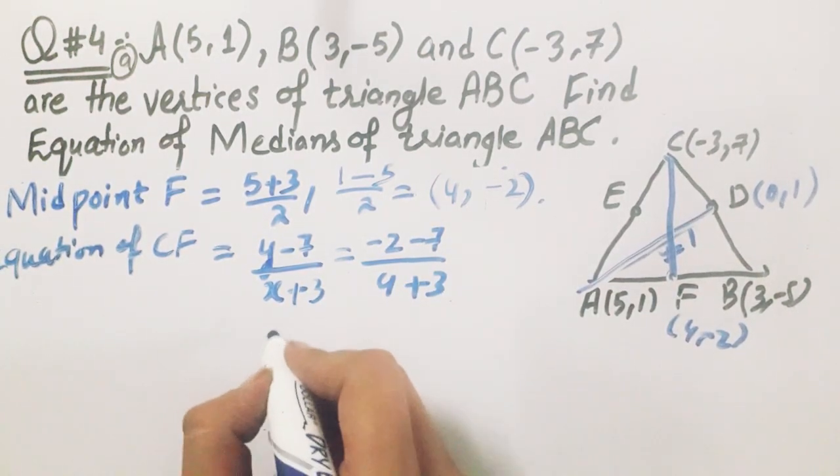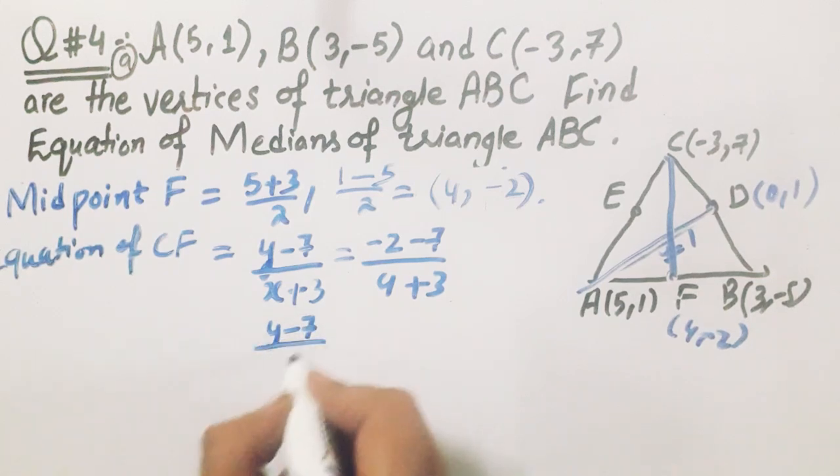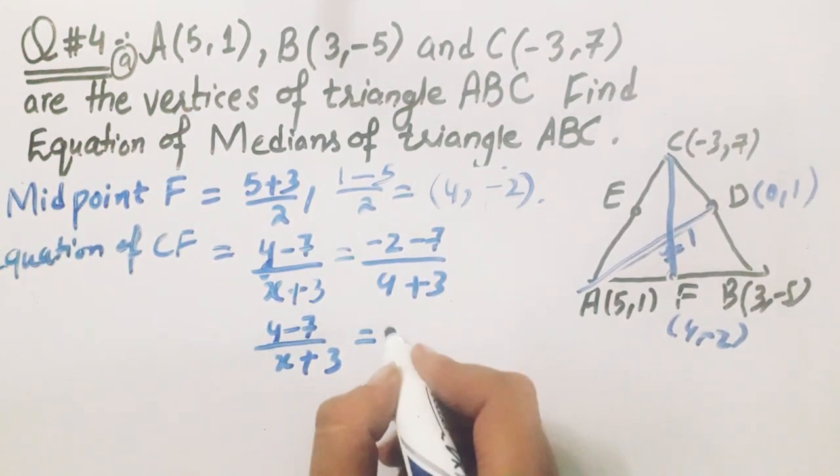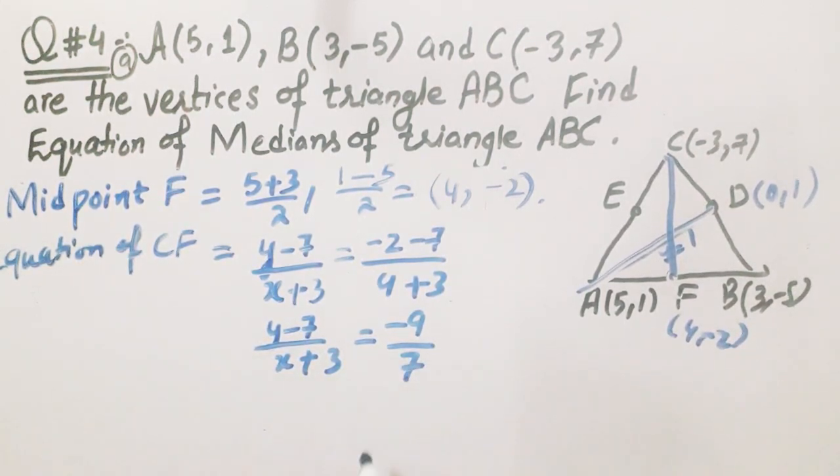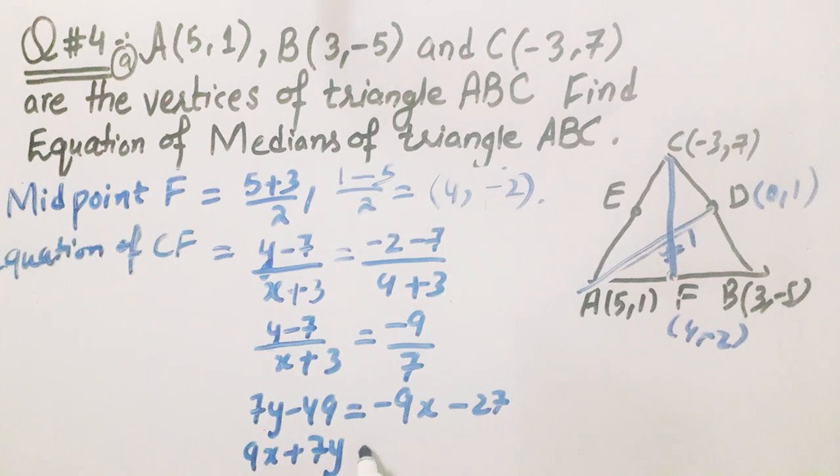So this is equal to minus 9 over 7. So cross multiply of this will give you 7y minus 49 equals minus 9x minus 27. So 9x plus 7y is equal to minus 27 plus 49, or minus 49 plus 27 is minus 22. So this is the equation of CF.